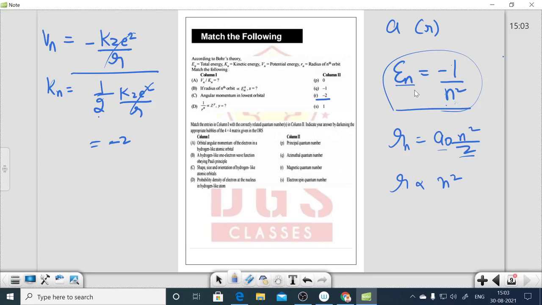Pretty easy to understand. How is it so? En is equal to minus 1 by r, so r will be on this side, 1 by E1, raised to the power minus 1. So this is how you can do it.